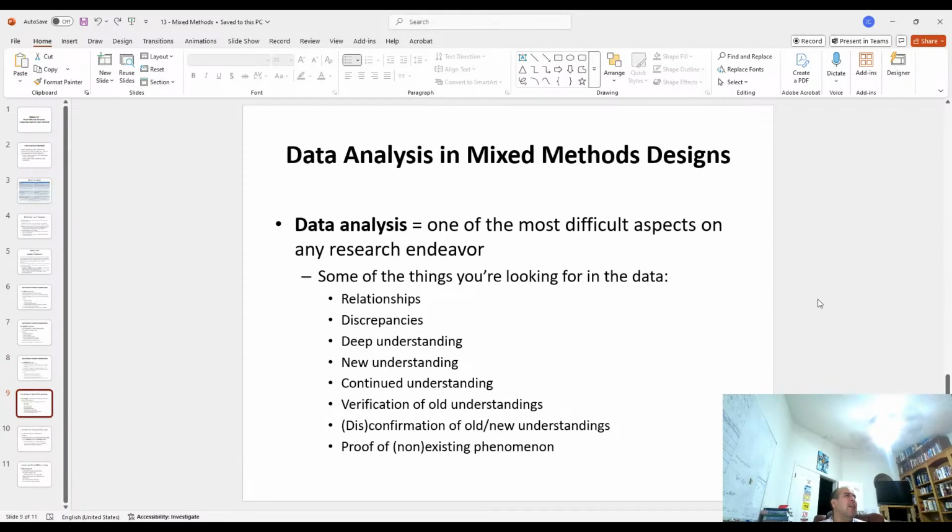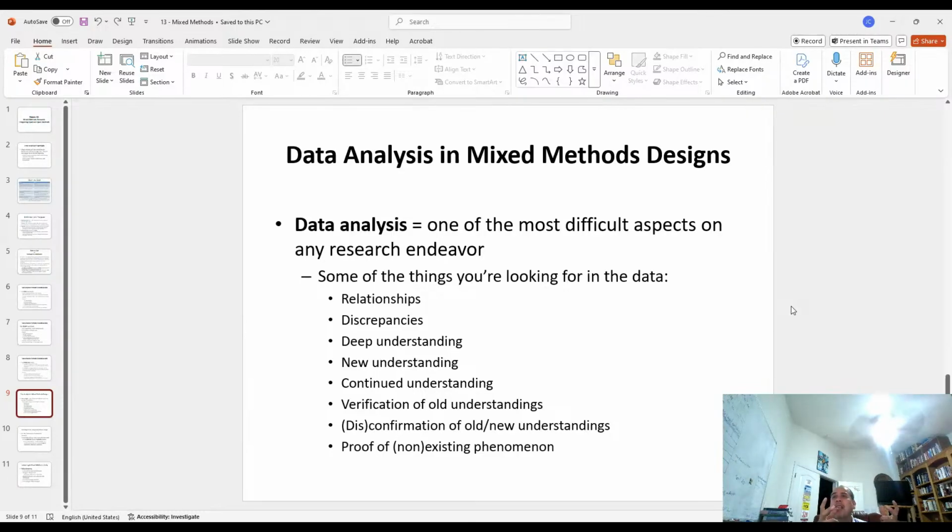Okay. For data analysis, which is really the most difficult aspect of any research endeavor, some things to look for in the data: you've got to look for relationships in the data, particularly when you're using both qualitative and quantitative, to see if there are any discrepancies. Are they telling different stories? You have to have deep understanding, and how deep understanding with one is in unison with the deep understanding in the other method.